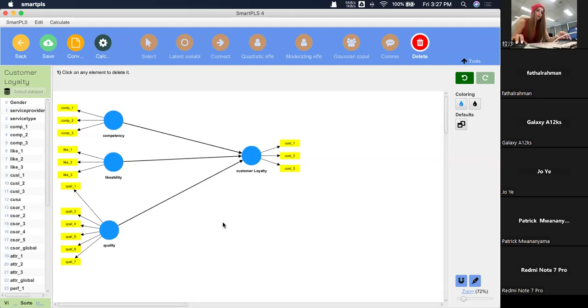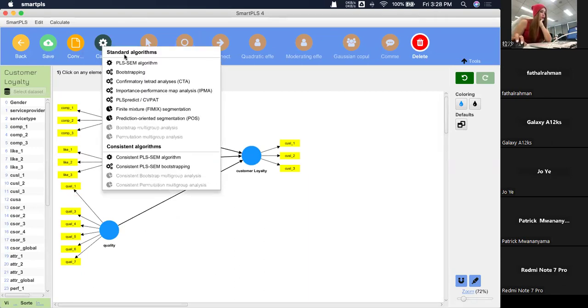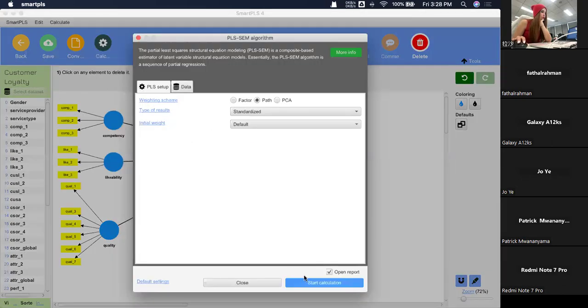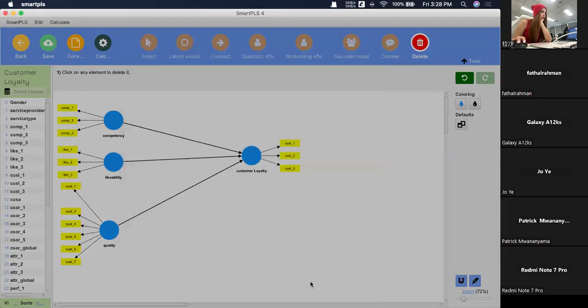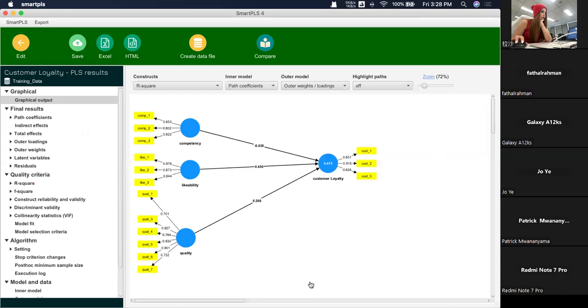Now we are left with only 6 indicators under quality. We go back again and run the analysis. Are we all there? Yes, good.